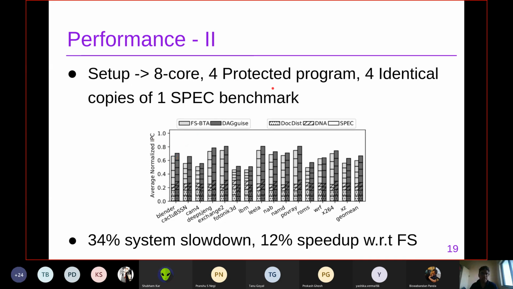So we have 4 protected programs this time, 2 docdist programs and 2 DNA pattern sequencing programs, and 4 identical copies of one SPEC benchmark. In general, we see that again DAG guys performs better than the FS-BTA program, and on average it gains a 12% speedup with respect to the fixed service. However, there is a 34% system slowdown.